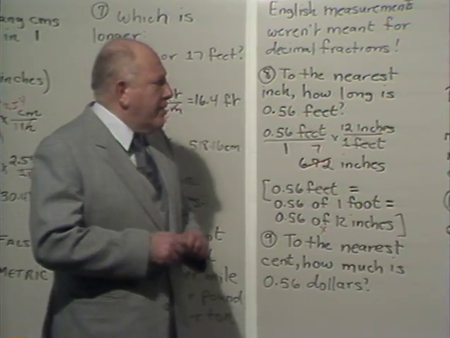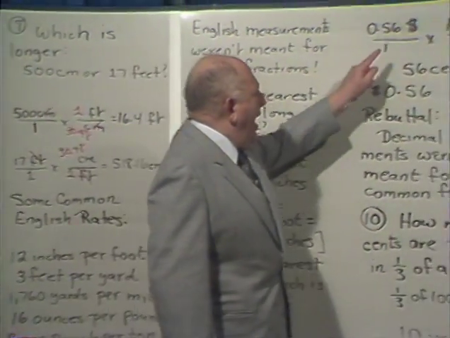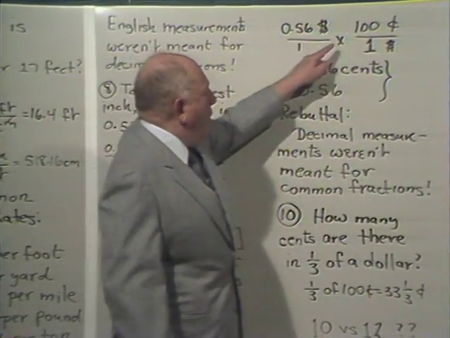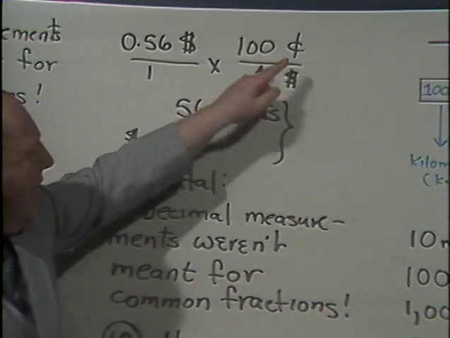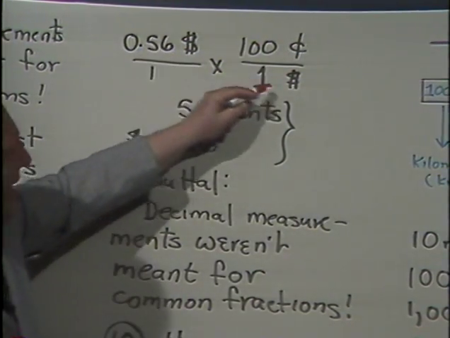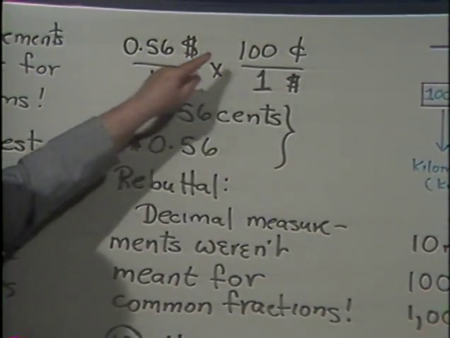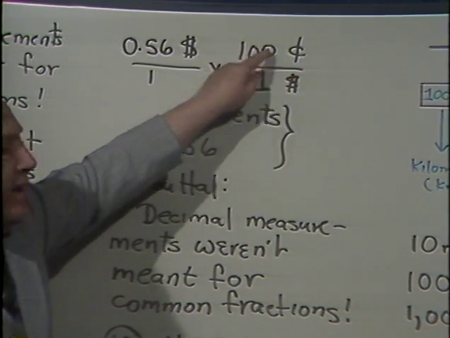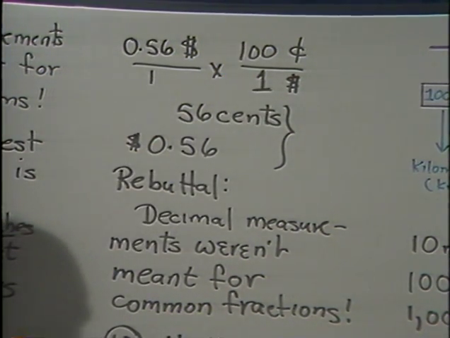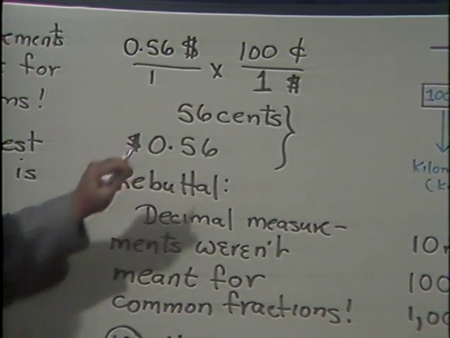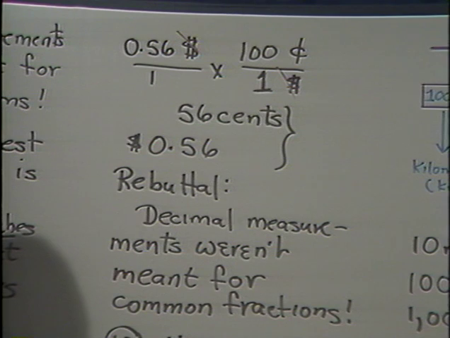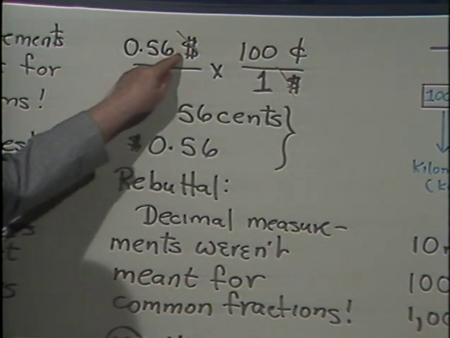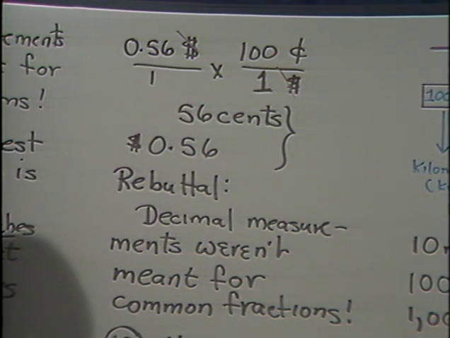See, and watch what happens now. I say, okay, I have $0.56. I want to convert that to cents. That means I have to get rid of the dollars and bring in the cents. So I divide by dollars. In other words, dollars was in the numerator. I put it in the denominator. Now I put cents in the numerator. I now do the resulting arithmetic. The dollars cancel. 0.56 times 100. In the decimal system, to multiply by 100, you just move the decimal point 2 places to the right.